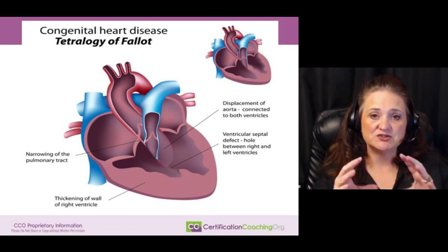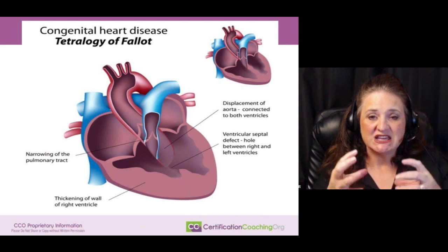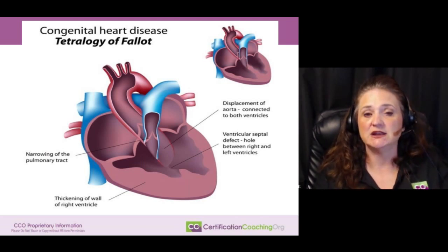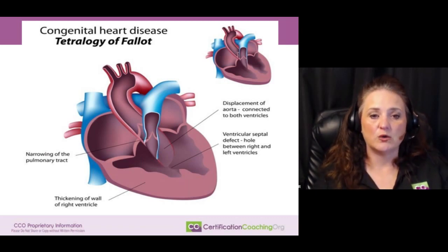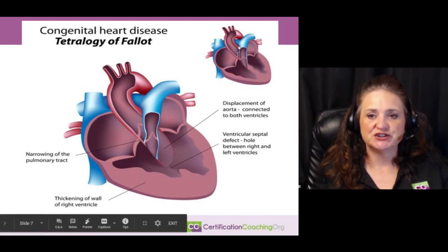The ventricles, the muscles that are around the ventricle chambers, get really muscular, like Arnold Schwarzenegger, so they're too powerful, and they don't have the endurance that it takes to do their job properly. Also, the aorta is not connected in the right place, and there is often a hole, a ventricular hole there. So again, this is what it should look like, and here is what it looks like.